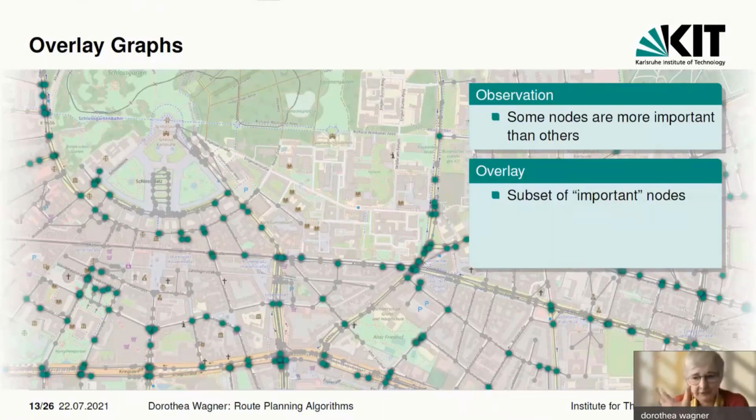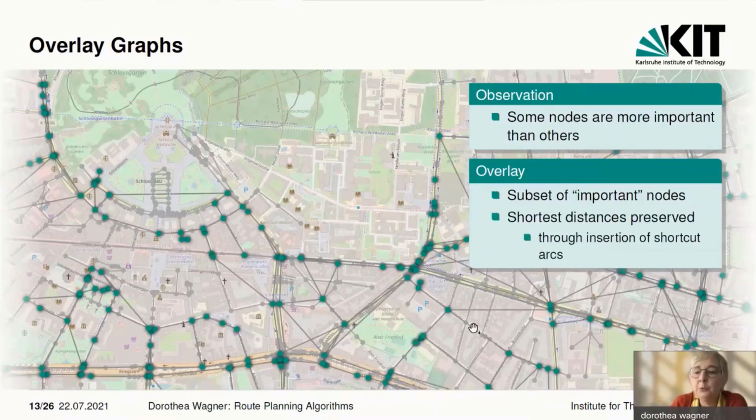But if we have this intuition, that some nodes are more important than others, we could follow the following approach: build up an overlay graph by using an appropriate subset of nodes, the important nodes. Here, for example, the green nodes.